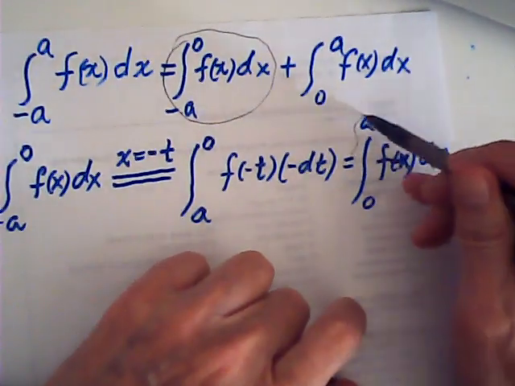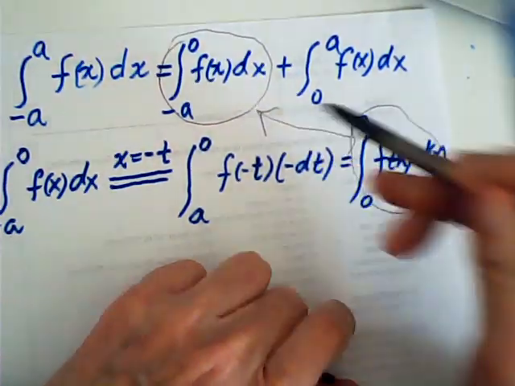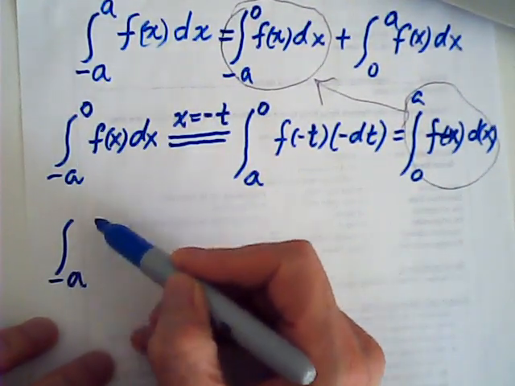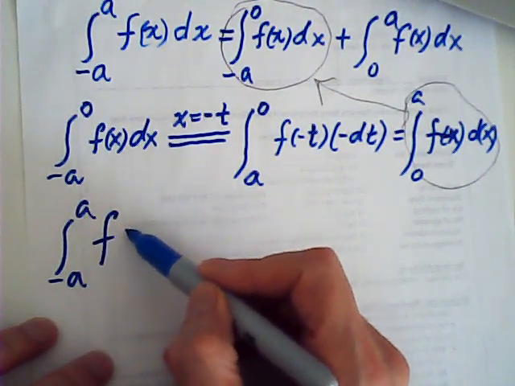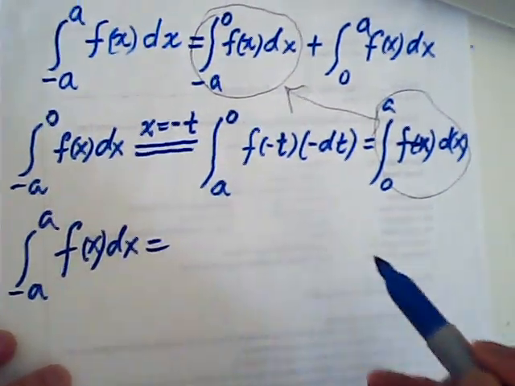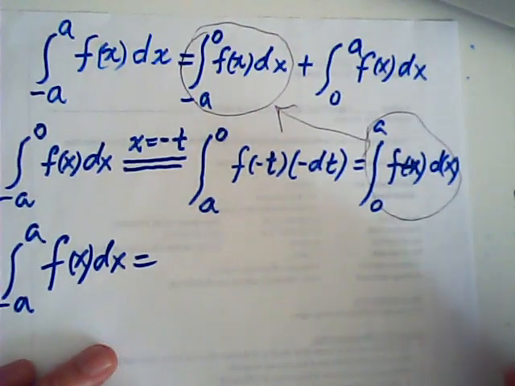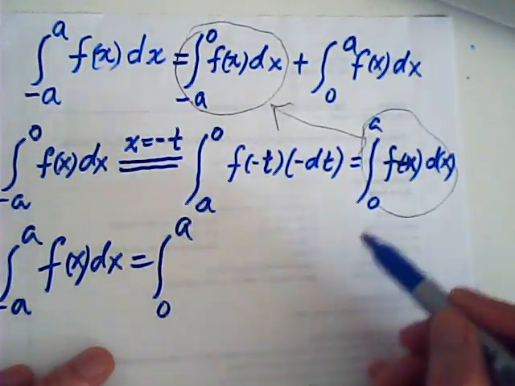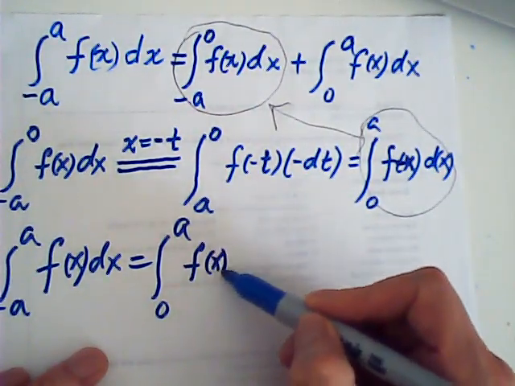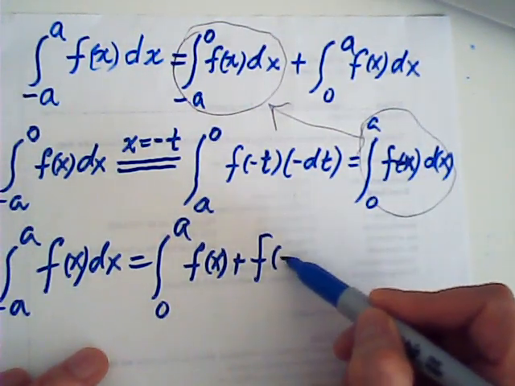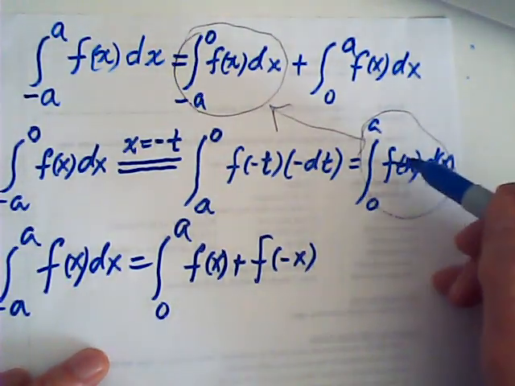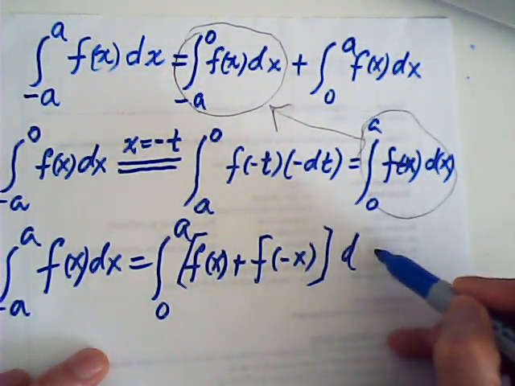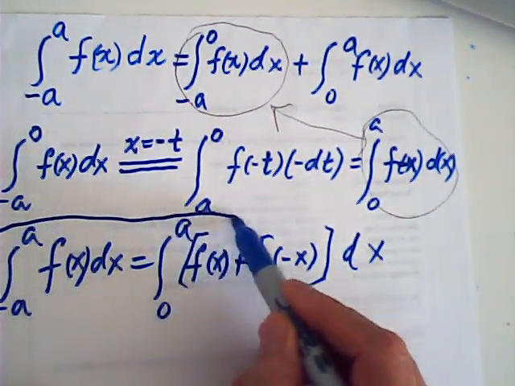Then we replace this one back, therefore our integral from negative a to positive a of f of x dx becomes this plus this, right? So from 0 to a, the limit is the same, and f of x plus f of negative x dx.